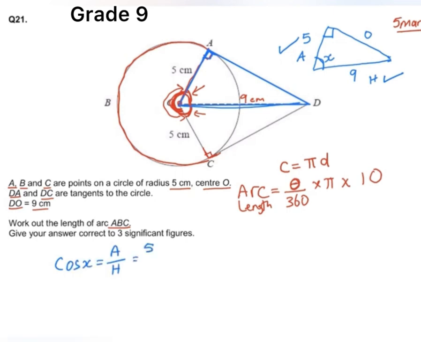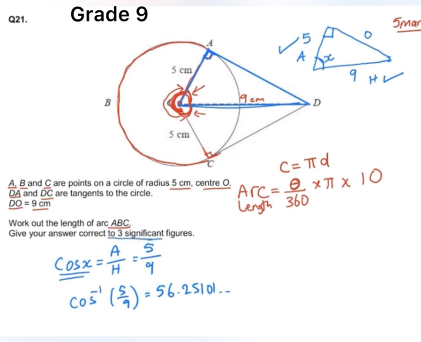Now adjacent is 5 divided by 9, but remember you need to do inverse cos on your calculator, or shift cos, and you put in 5 divided by 9, and work this out, which is 56.25101 and so on.